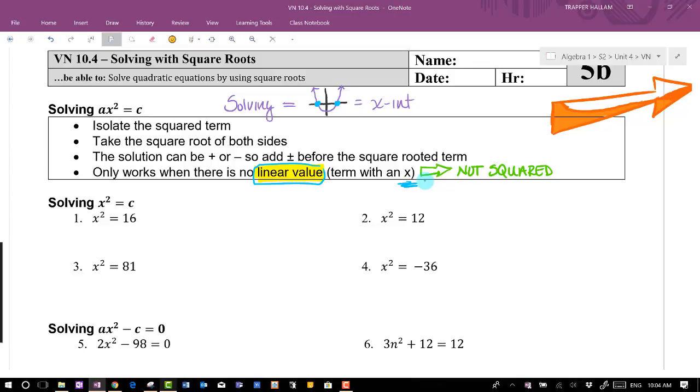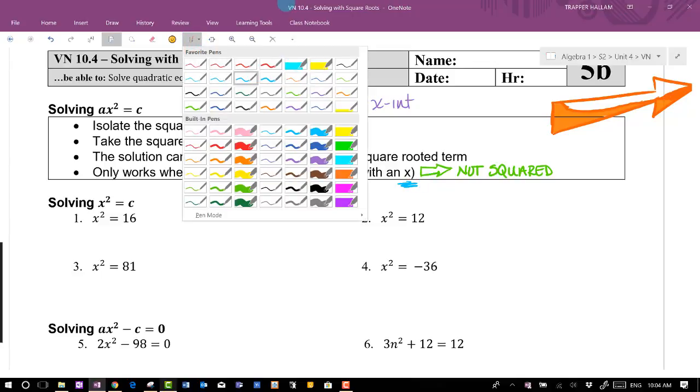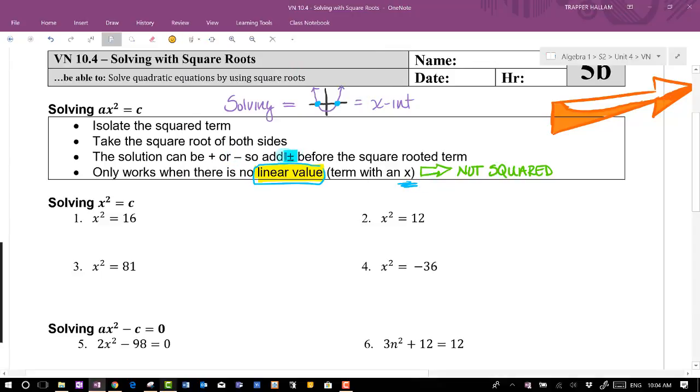So with that being said, here's what we do. We solve for the term that's squared, then we take the square roots of both sides, and then, most importantly, we have to add a plus or minus. Let's remind ourselves, let's say I have a value of 4, and I want to square a term that makes 4. What value can I square that makes 4?